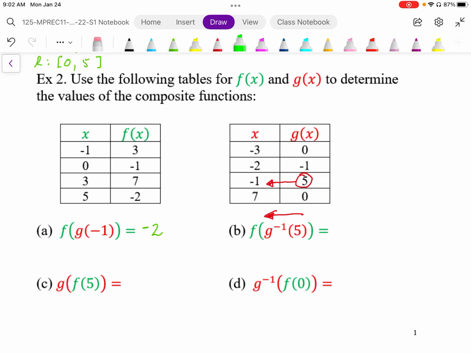That -1 is then going to be the input value for the outside function f. So I take that value and find it as my input on the f graph, and that's going to give me an output of 3. So that's my answer. Notice that because it's an inverse, it's going in the opposite direction from 5 to -1, and we take that -1 and use it as the input of the outside function f.